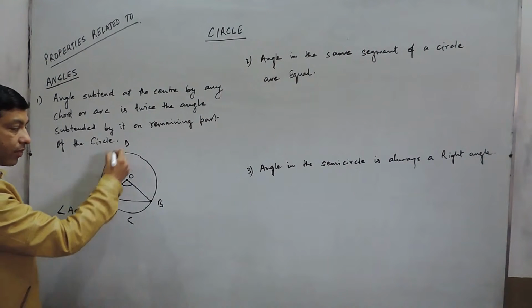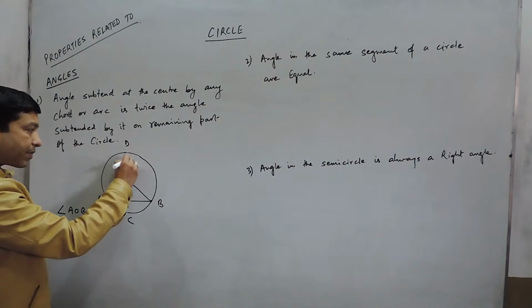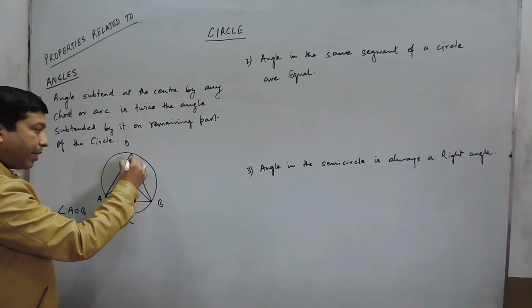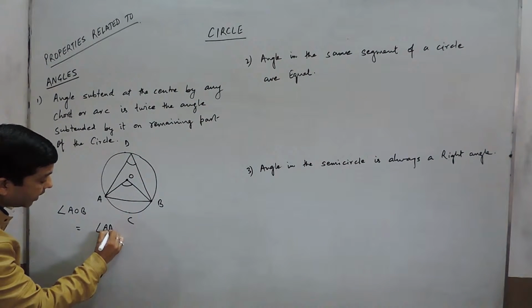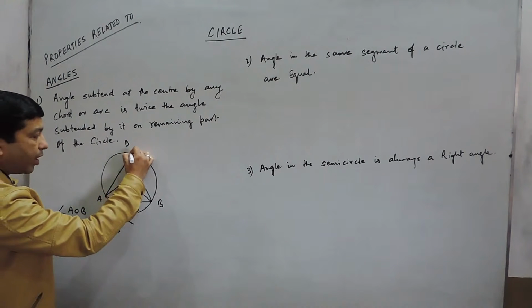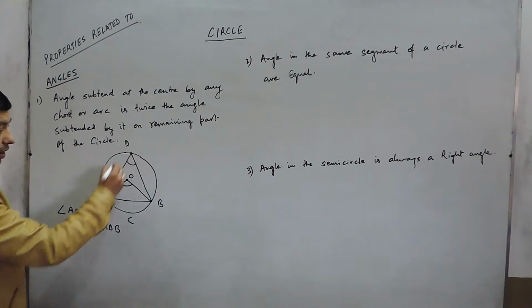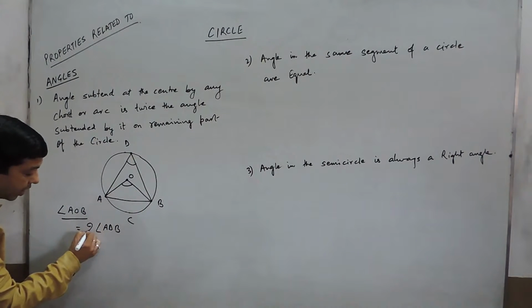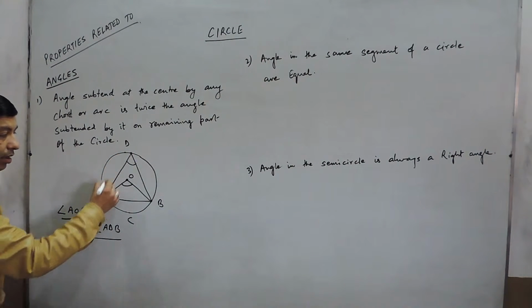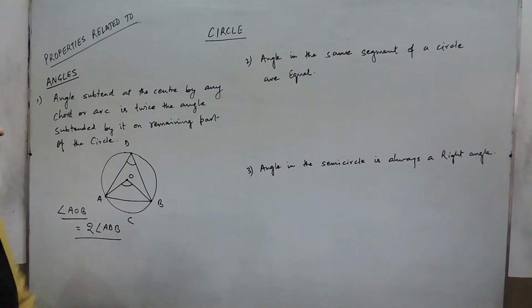Suppose this is a point D on the remaining part. So this is angle ADB. So angle AOB at the center is always double the angle at the other part of the circle.